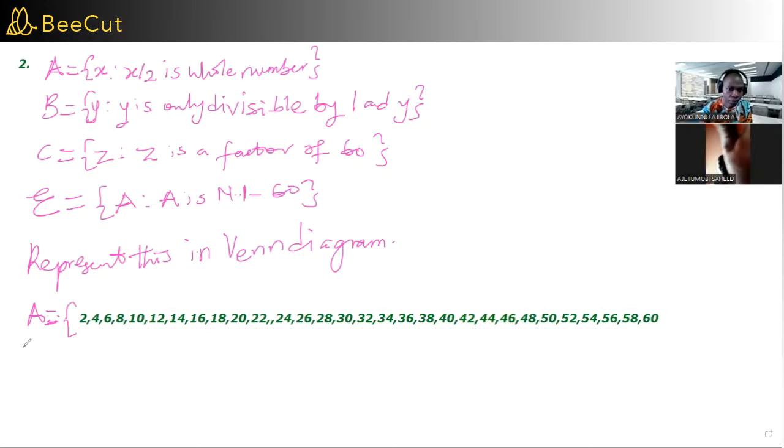So here now I have B. So I have B equals to all of the numbers that are prime from 1 to 60. So 2 is a prime number, 3, 5.